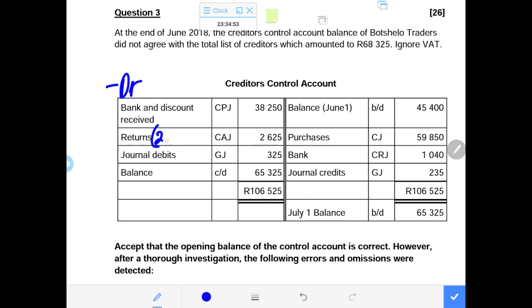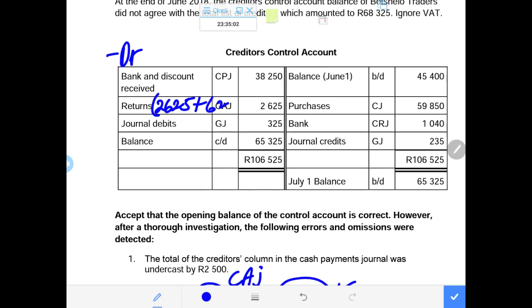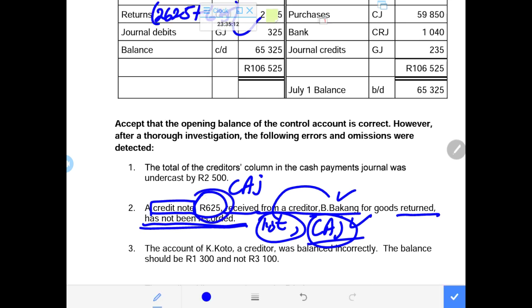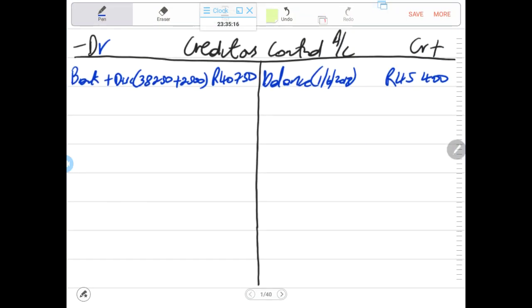We'll open brackets 2,625 plus the amount of 625. We need to wait for another one. There might be another one. And I don't want us to be tempted to write the total all the time. Then after, we need to record the same amount under our list of creditors, writing the name of the creditor.